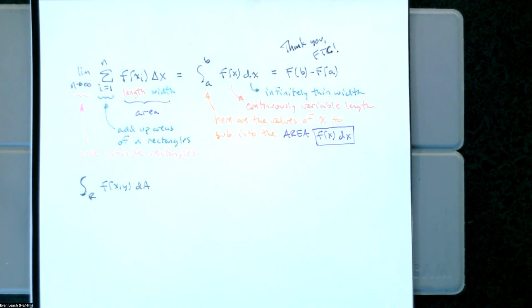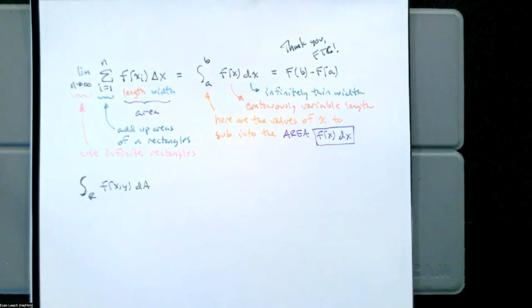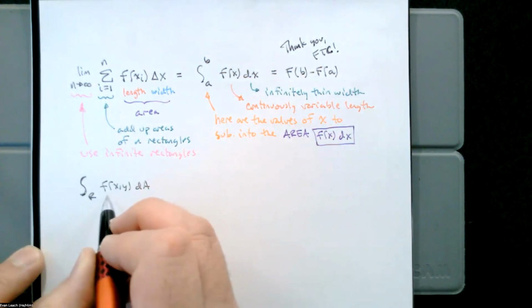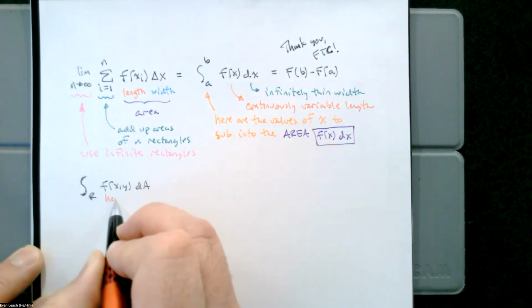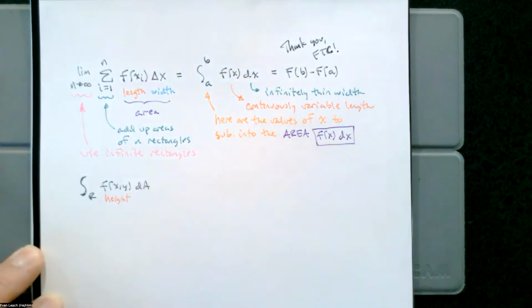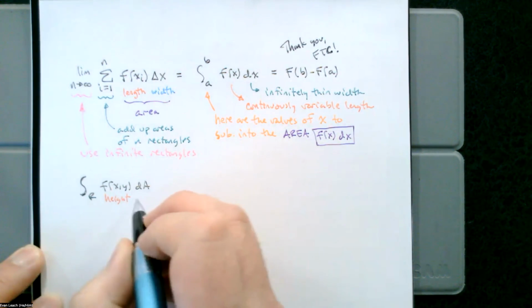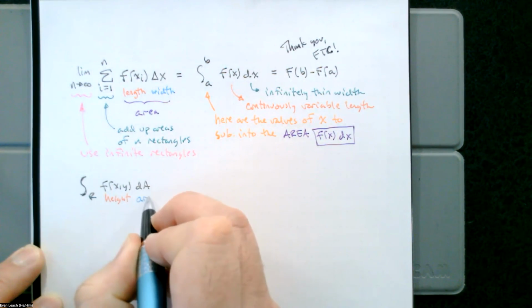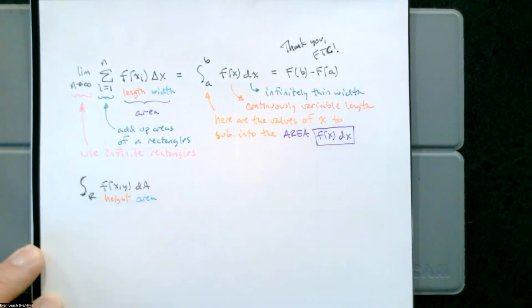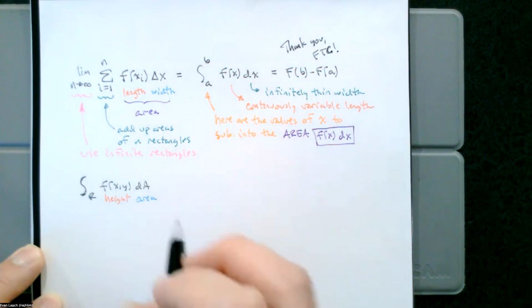Here, our function is telling us a height above some area. And so when I multiply those two things together, we get a volume.